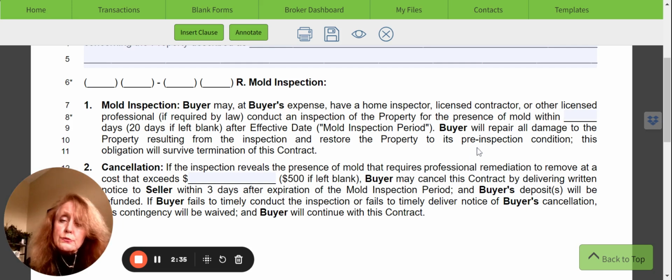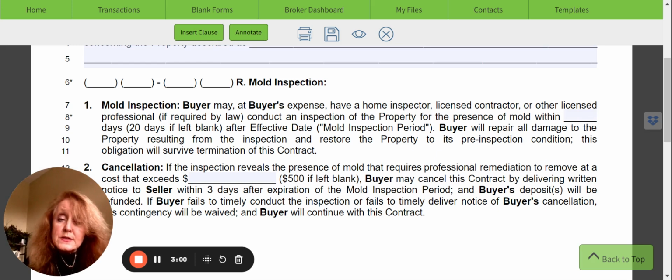the buyer is still responsible for repairing the property. When you do a mold inspection, normally they remove portions of the wall or the flooring or potentially affected area. So what has to be done is the buyer has to restore the property to its pre-inspection condition.